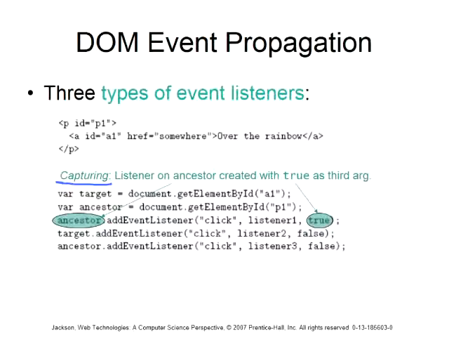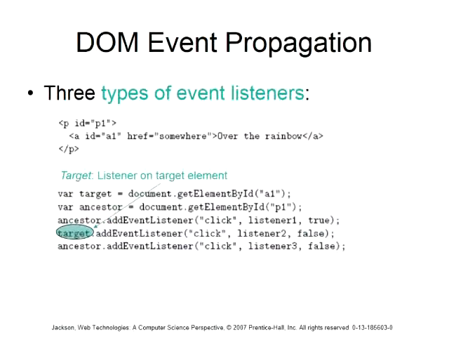So capturing means the listener on the ancestor: addEventListener click, after that listener1, and here in the third value we must write true. True means the type of this event is capturing.